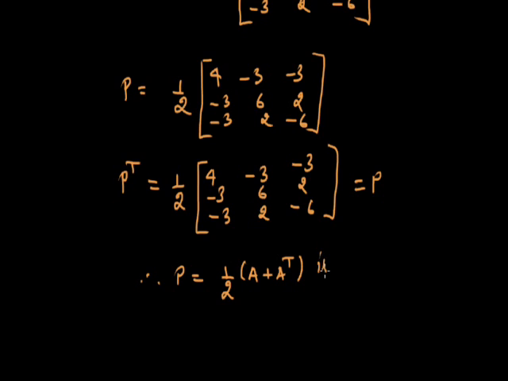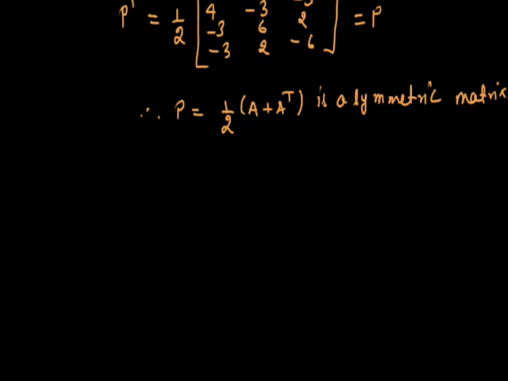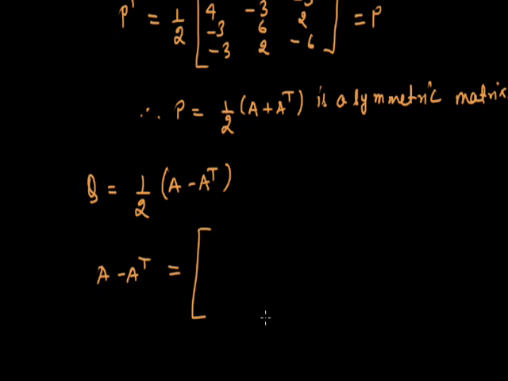Now Q equal to half of (A minus A transpose). Now A minus A transpose equal to [0, -1, -5; 1, 0, 6; 5, -6, 0].